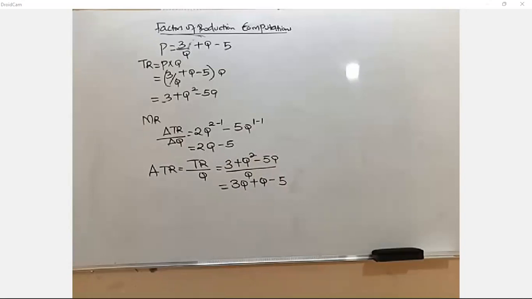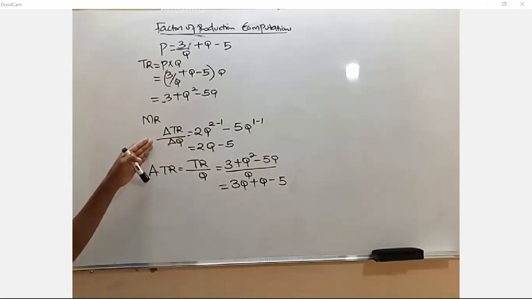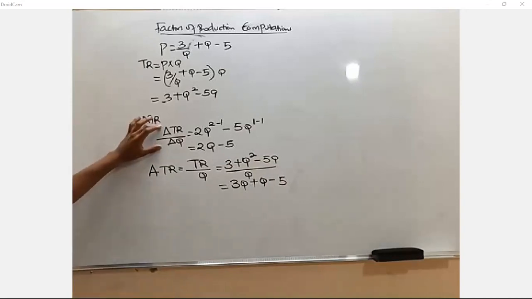Kindly explain the marginal revenue, the change of TR over change of Q. This one? Yes, the one of change of TR over change of Q, which equals Q power 2 minus... This is just the differentiation.